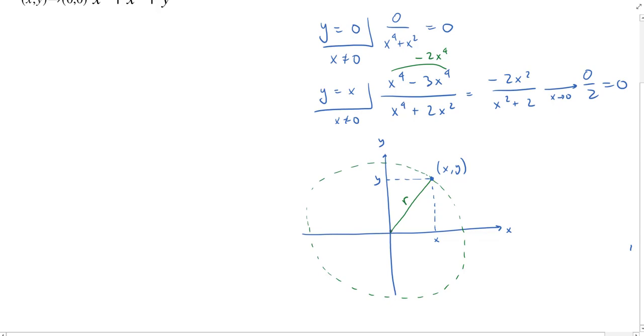So what I also have to tell you is what angle this ray from the origin out to the point makes with the positive x-axis. Now, you might say, well, if I go around and around multiple times, there's actually multiple angles that will work.